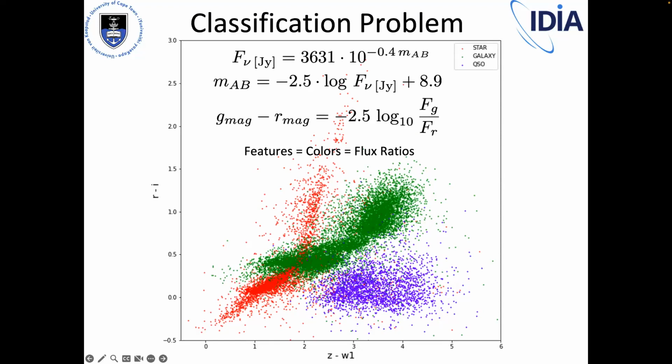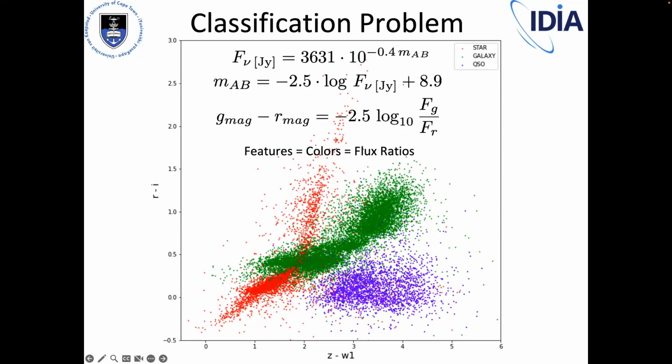And here I'm showing you how stars, galaxies, and QSOs are distributed as a function of two colors. This is a color plot which I took rather randomly, from the 5 Sloan bands and from the 2 WISE bands. So I chose r minus i and z minus W1 here.